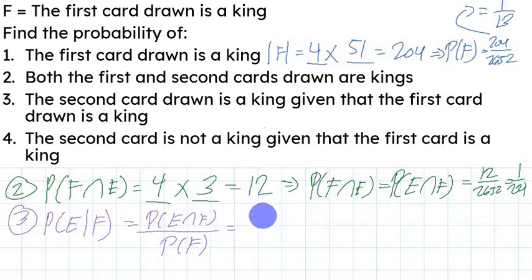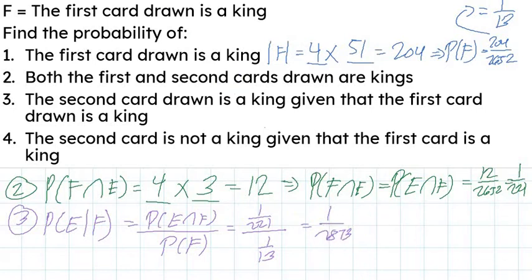That would be 1 over 221 over 1 over 13, which would give us, in its simplest form, 1 out of 2,873 chances. So the probability that the second card drawn is a king, given that the first drawn card is a king, is 1 out of 2,873 chances.